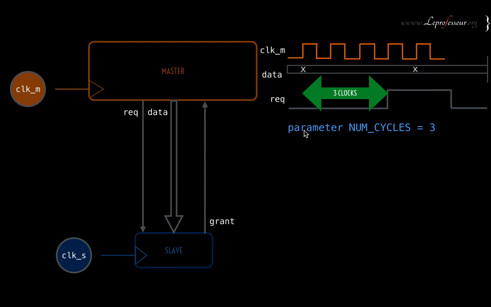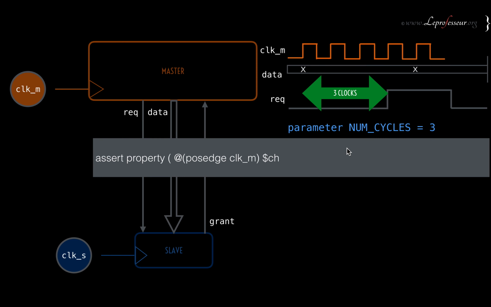Here, let's define a parameter called num cycles as 3, and let's try a very simple assertion. Assert property at the passage of the master clock, data is changed and signal request should not rise within number of clocks.